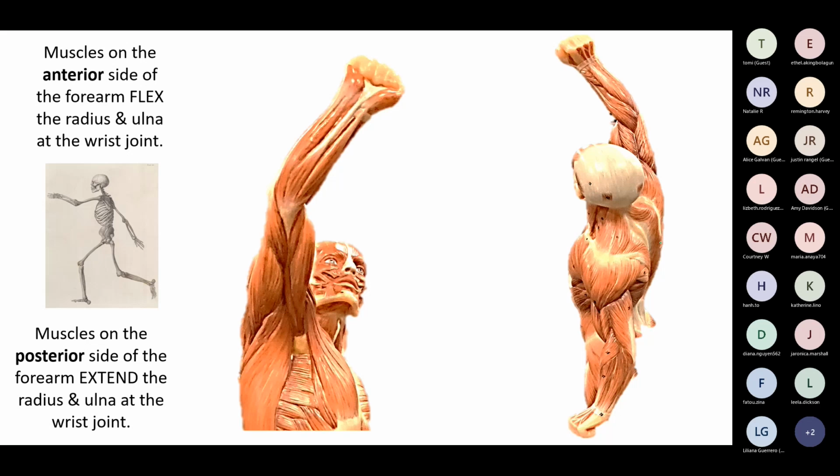When we talk about moving the wrist, the muscles who move the wrist are found in the forearm. So all of these muscles here are my wrist movers. And all of these muscles that I see here are my wrist movers.